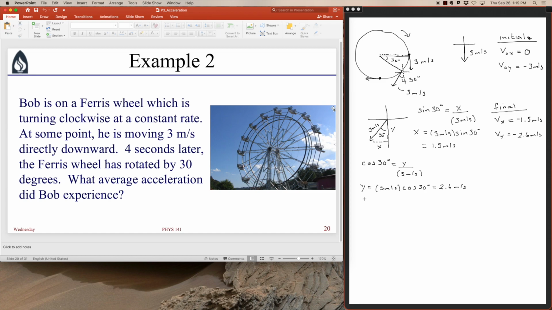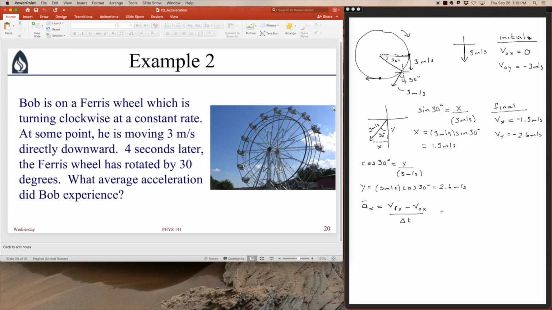So the average acceleration in the x direction is defined as being the final velocity in the x direction minus the initial velocity in the x direction, divided by the amount of time it took to accomplish that change.